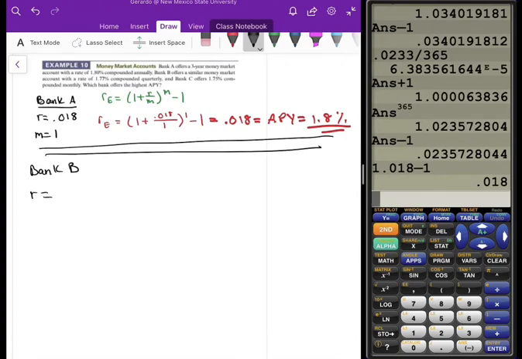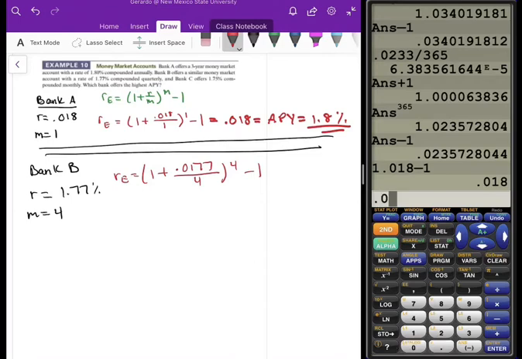Now, Bank B has a rate of 1.77, but this one's compounded quarterly, so this is a 4. So I have RE equals 1 plus 0.0177 over 4, to the power of 4, minus 1.